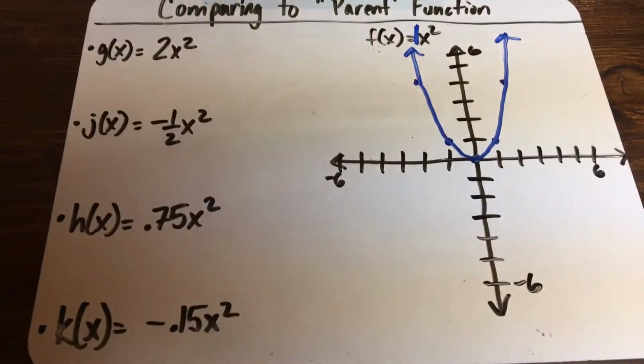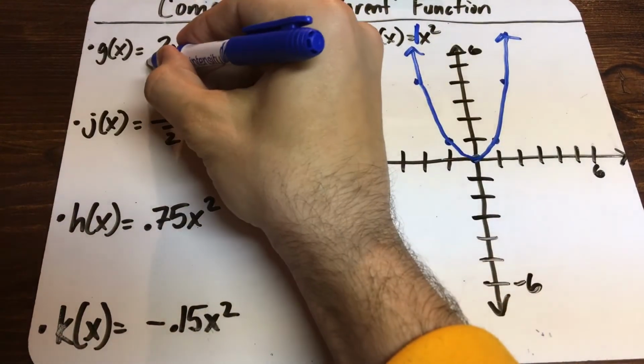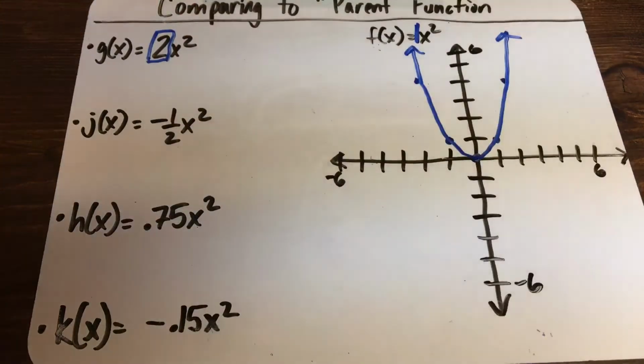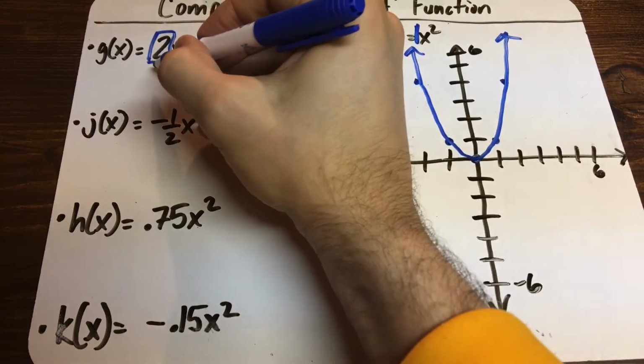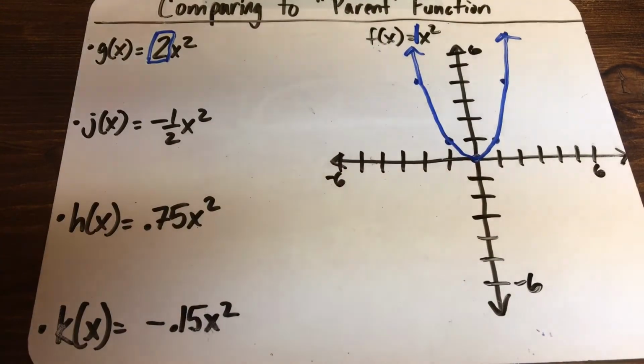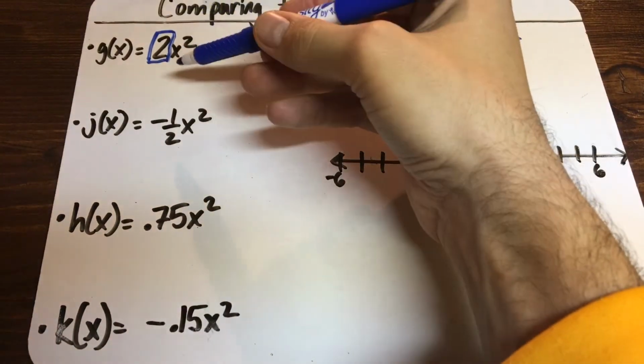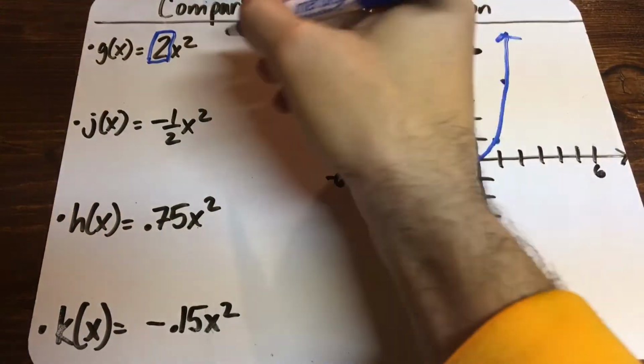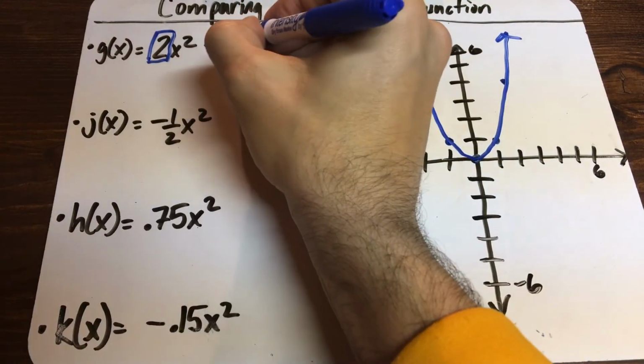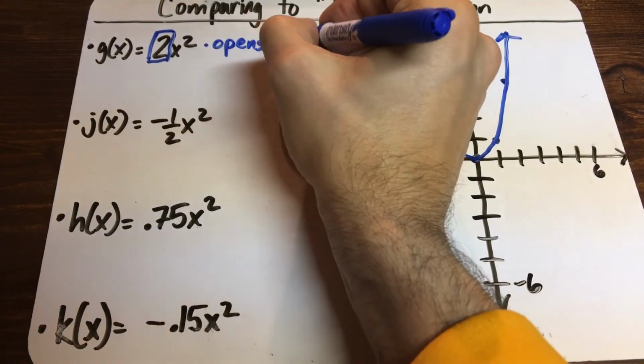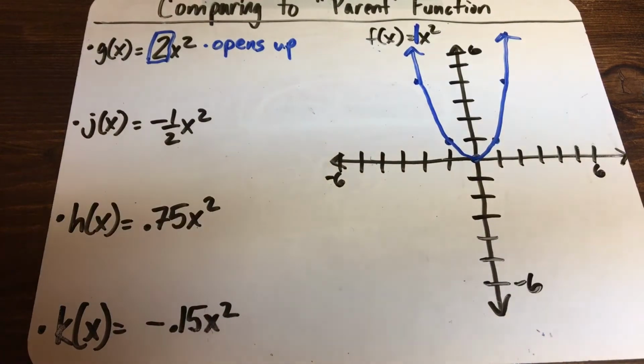I apologize. All right, this one, all we're looking at is these numbers. The letter A, right, our ax squared. When the number is 2, right, anything bigger than 1, it's positive, so I know this opens up. So in my comparison, you really don't have to put that it opens up, but I know that.